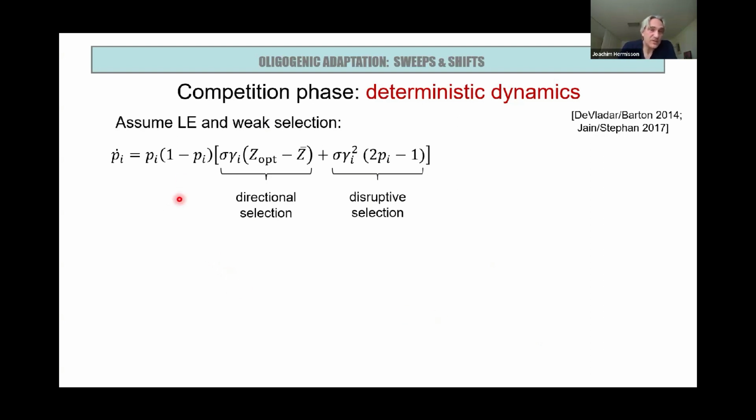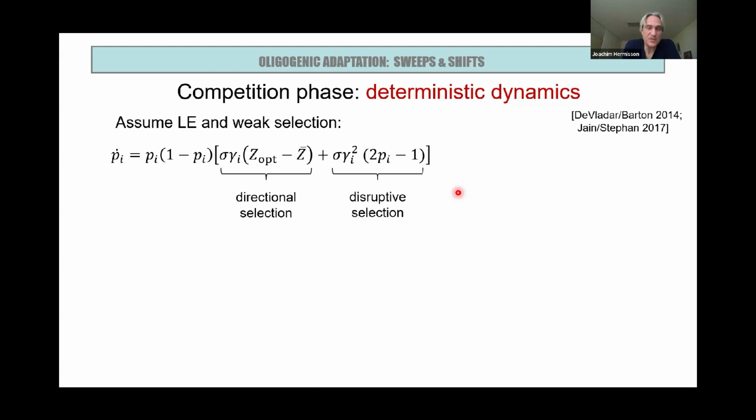All right, so we assume linkage equilibrium and weak selection, and then the selection equation for each locus can be written like that. We also already had this in a few talks, I guess, where we have a part of directional selection here, and also a part of disruptive selection that plays a role when we get very close to the new optimum in particular.